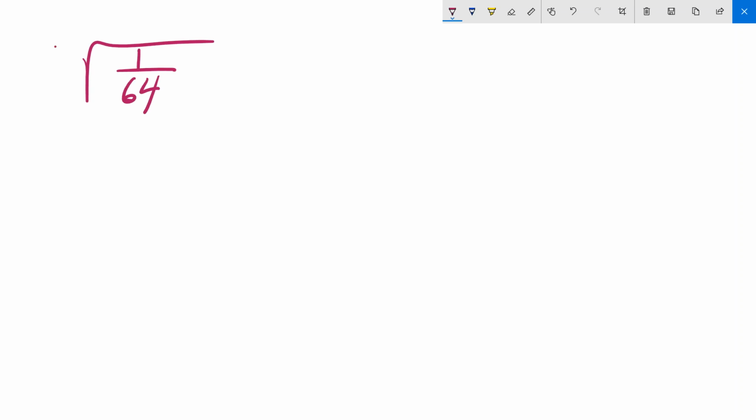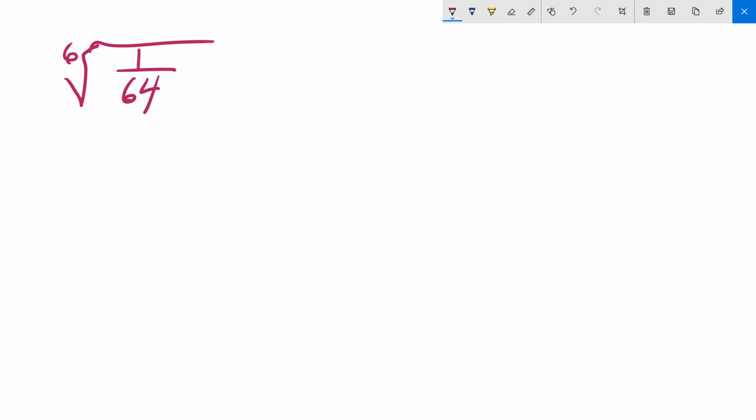It's almost like a cube root, but instead of the 3, it's a 6. Ah, I get you. That means the 6th root.